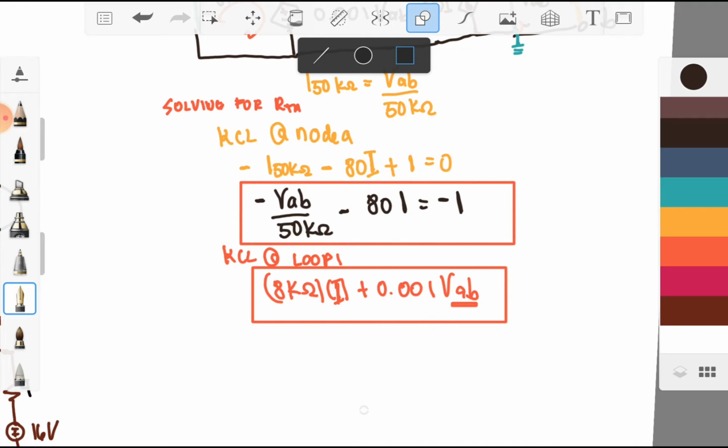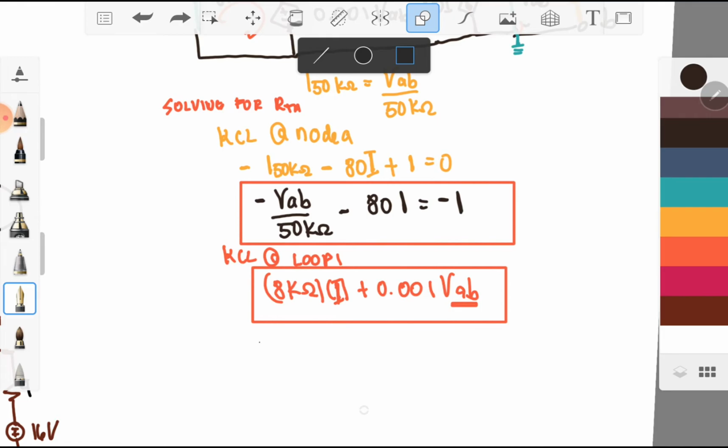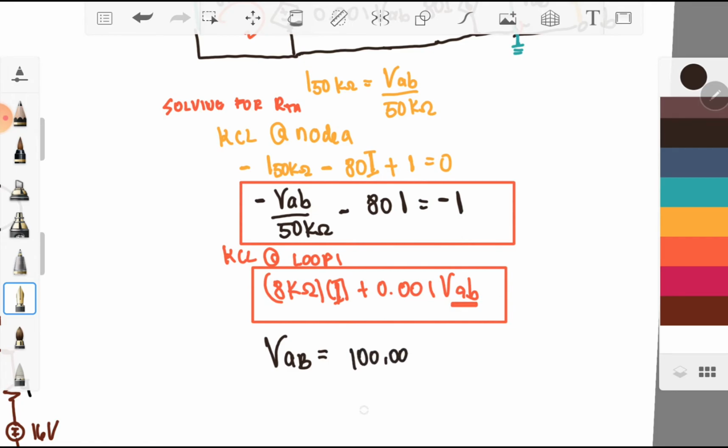So you will see that your VAB is equal to 100,000 volts.